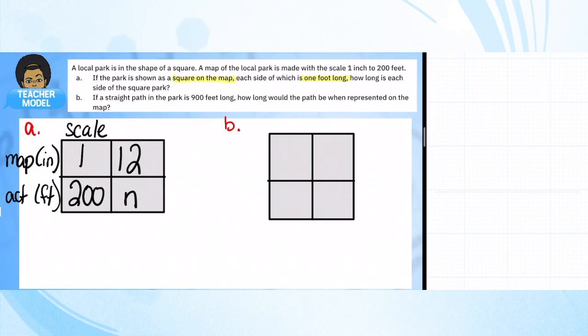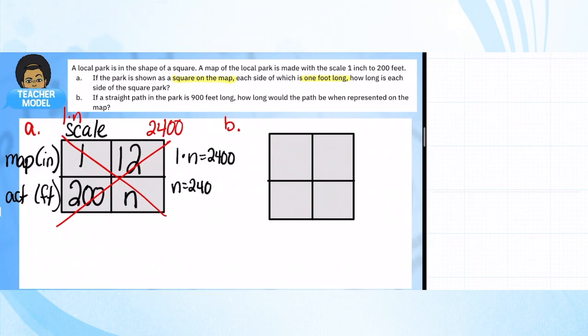Now we can cross multiply. And when we do 200 times 12, we get 2,400 and we have 1 times the number. So let's express this. 1 times the number is 2,400. We know the only number that can be and has to be 2,400. So 2,400 what? Feet.